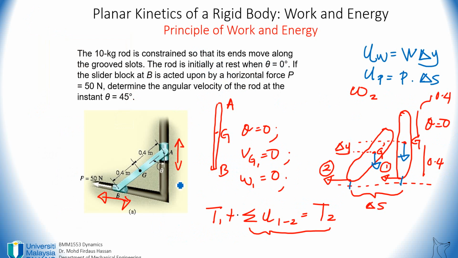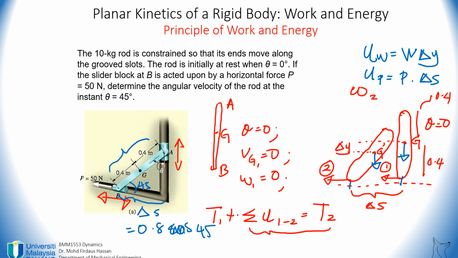Okay, so this is here. How to calculate this one? Here is 45 degrees. So to find delta s, delta s here is 0.8 times cos 45.